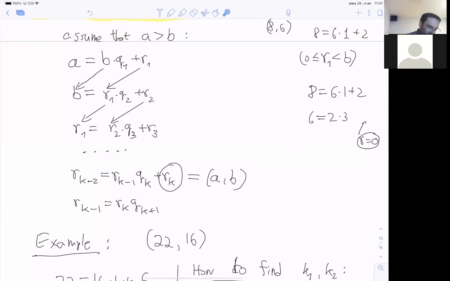For the first thing, you can see that Rk divides Rk minus 1. You see, it's a factor. So Rk divides Rk minus 1. If Rk is in here and here, then it also divides Rk minus 2.